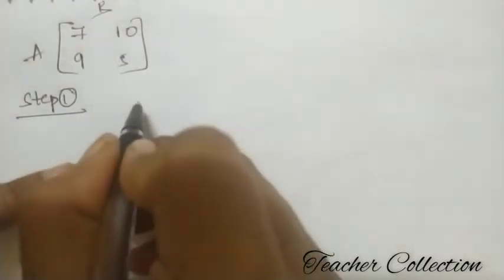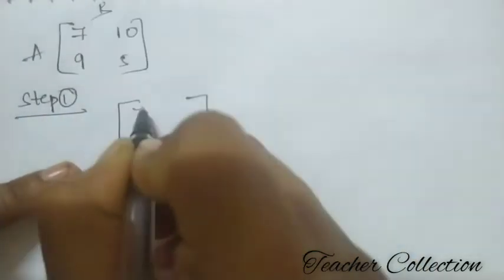For example, here there is a payoff matrix 7, 10, 9, 5. This is a payoff matrix with respect to player A. Here is player A and here player B. Step 1 is we have to find minmax or maximin.